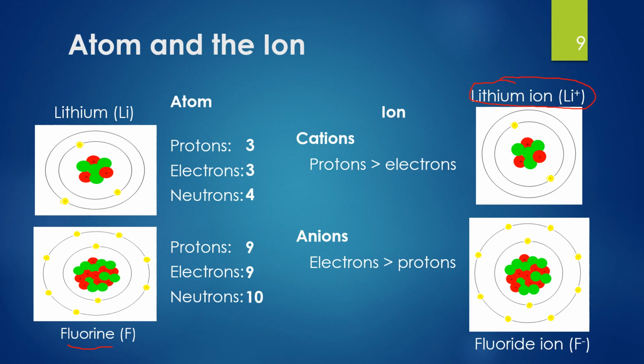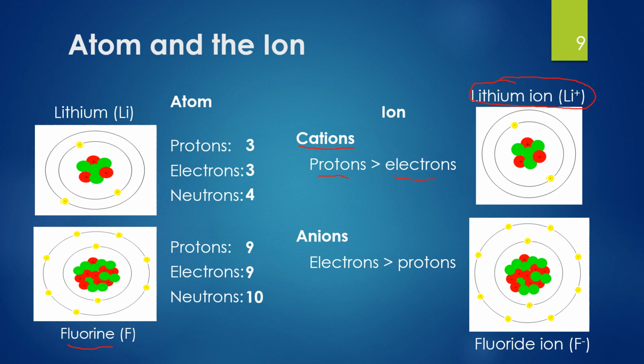Now we have 2 different categories of ions. The first category is called a cation. So a cation is a positively charged ion. And positively charged ions only occur when the protons are greater than the electrons.